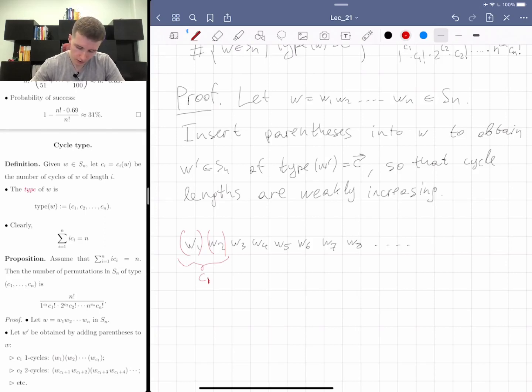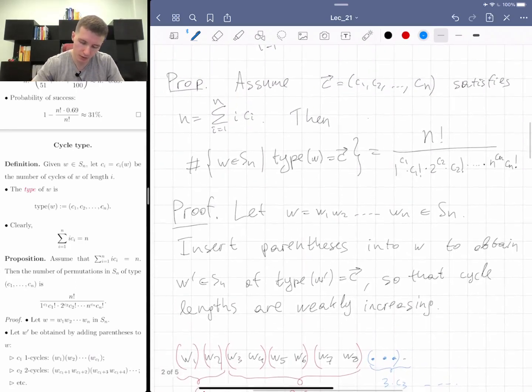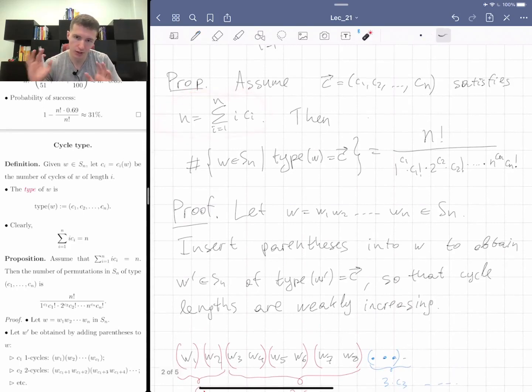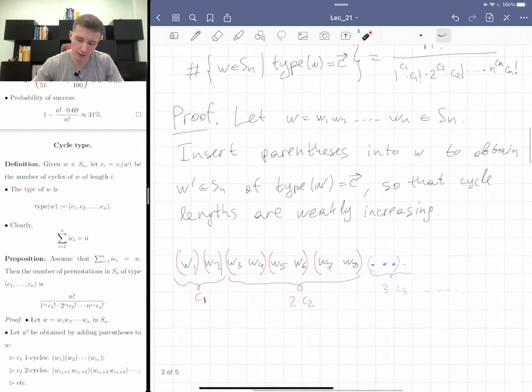And then you switch to cycles of length 2. So the next 2 times C2 entries are going to form cycles of length 2, and etc. The next one is going to be 3 times C3. Each cycle is going to have 3 elements, and etc. And because of this equality here, you're going to finish using all of these n elements of W.